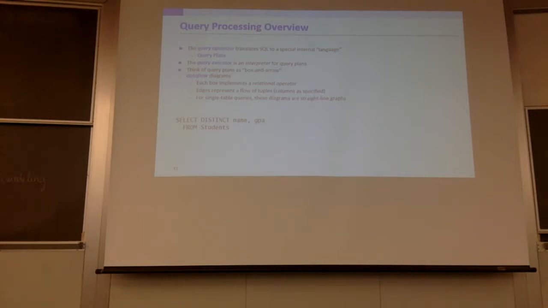But what query processing really cares about is, given these primitive operations like get a page, read a tuple, read a value out of a tuple, how it can actually execute the queries and how it can optimize the query, because for each query you might have multiple possible ways of executing it.